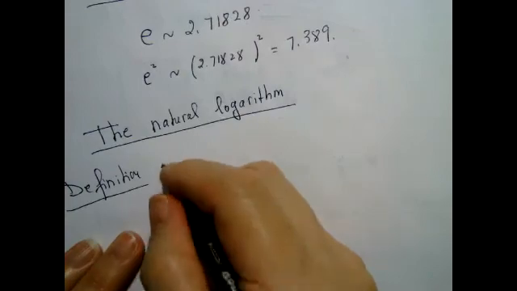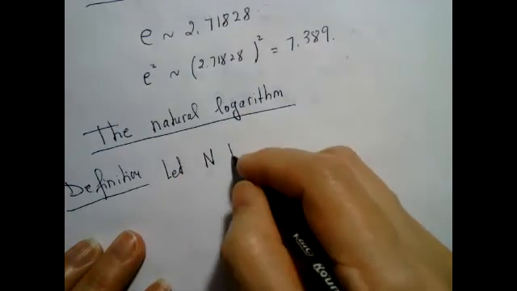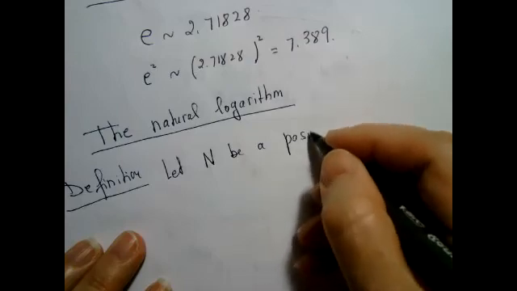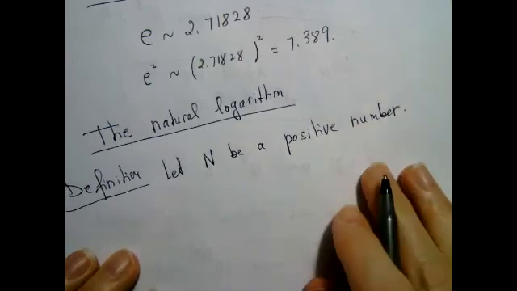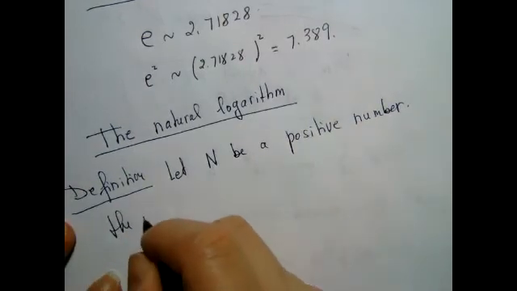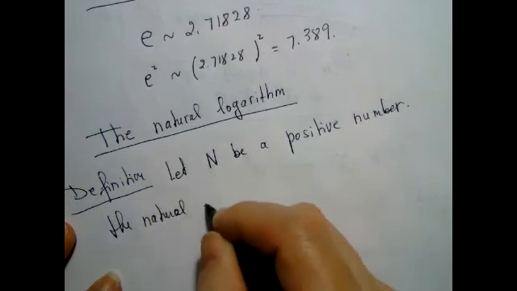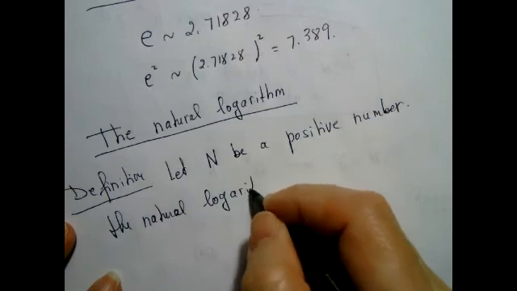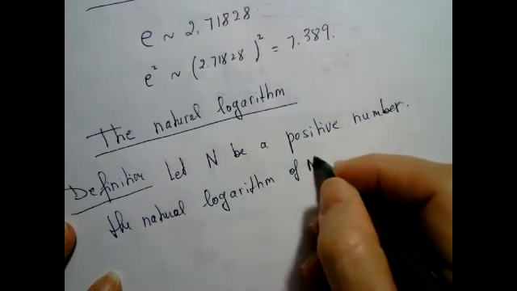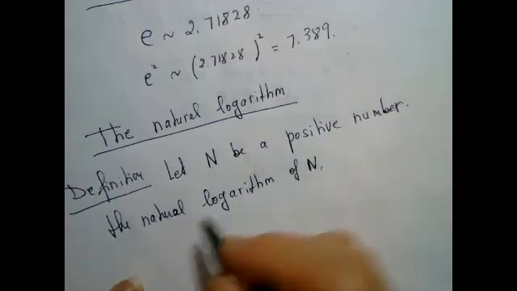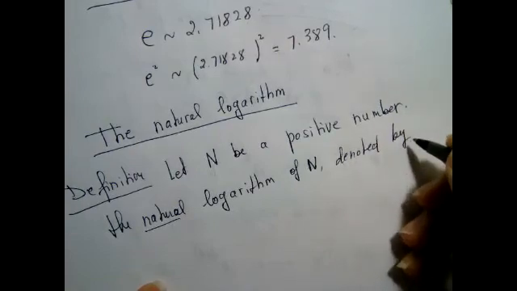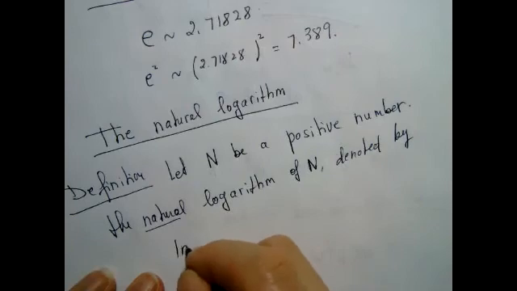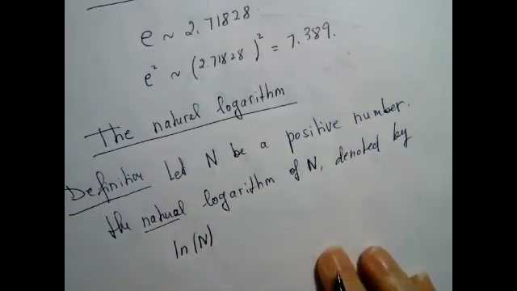Again, let n be a positive number. Then the natural logarithm of n, denoted by ln of n.